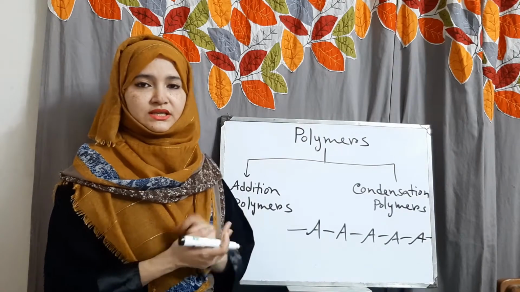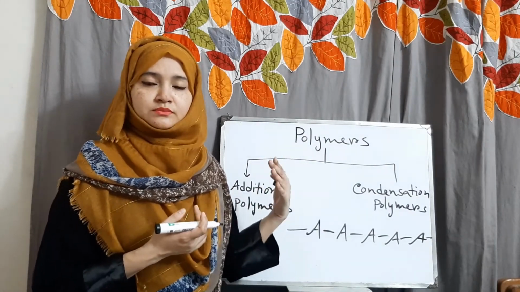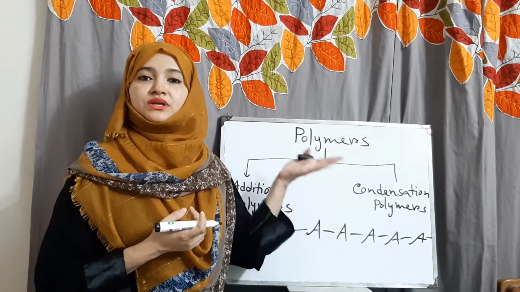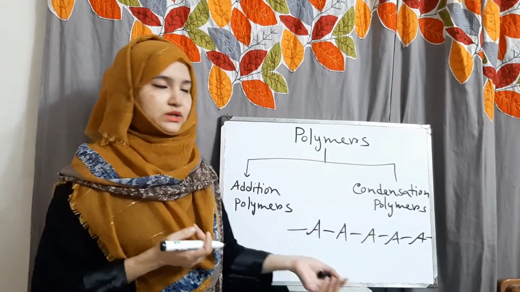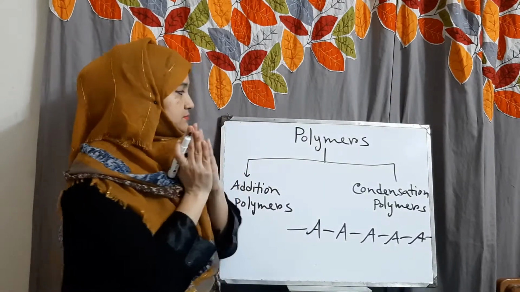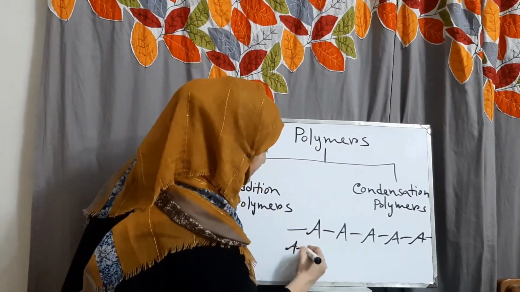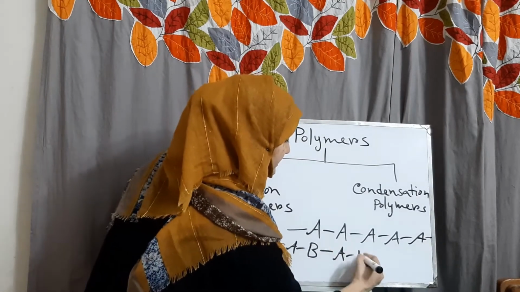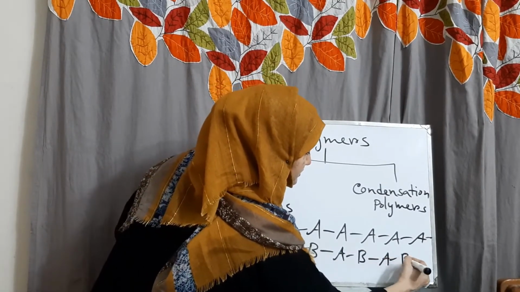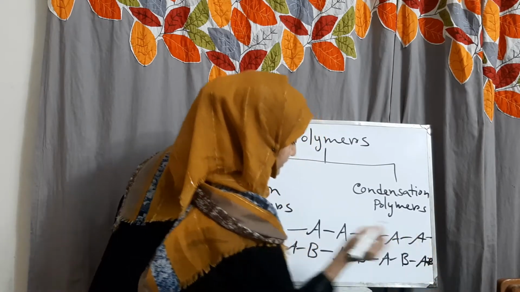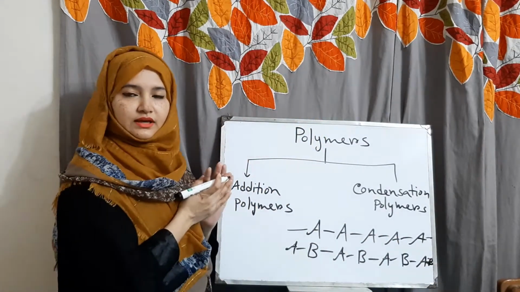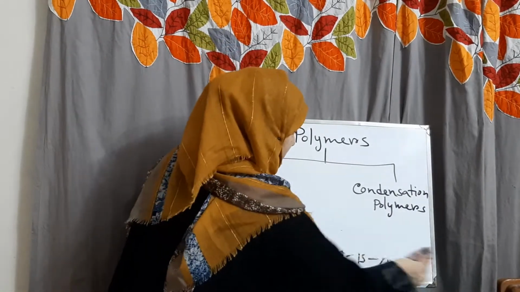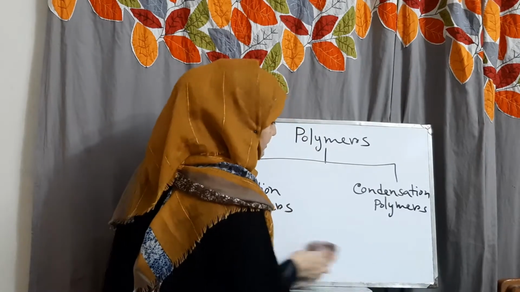This time they repeat 2000 times, or it may be 20,000 times and so on. If the monomer unit has two portions, A and B, then they are linked up like this, and they form a large molecule. So this is the polymerization reaction and polymers.